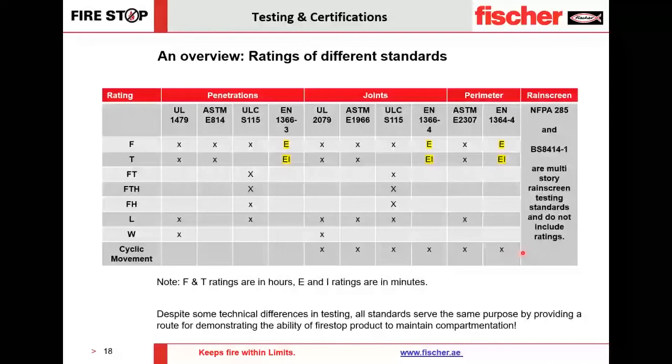Here we have the NFPA 285 and BS 8414, which are medium and large scale testing standards, and they do not include ratings. These standards should not be mixed up with the ASTM E2307 or EN 1364-4. They serve completely different purposes.